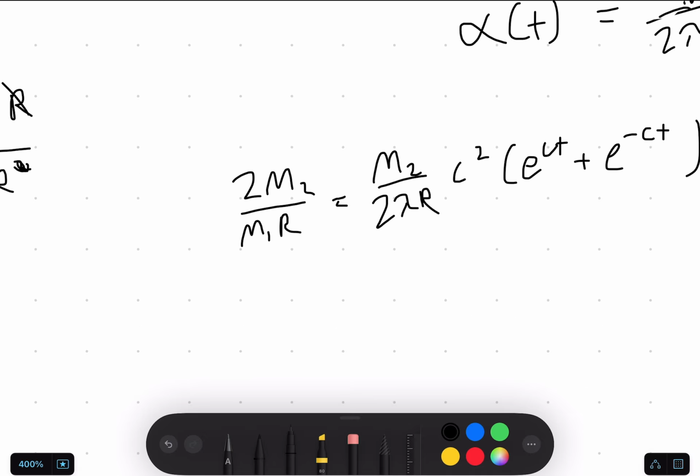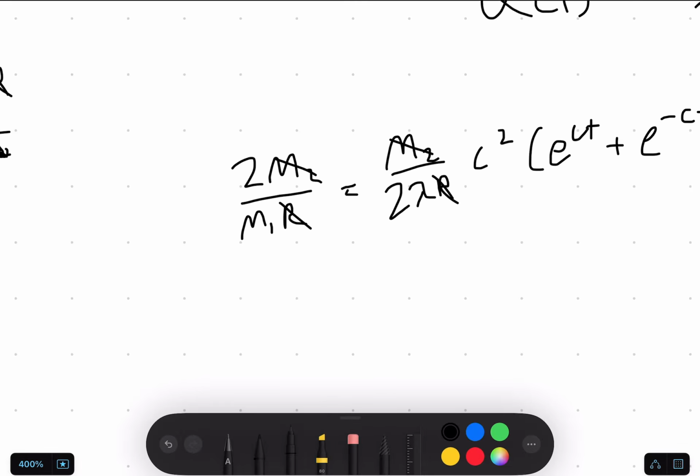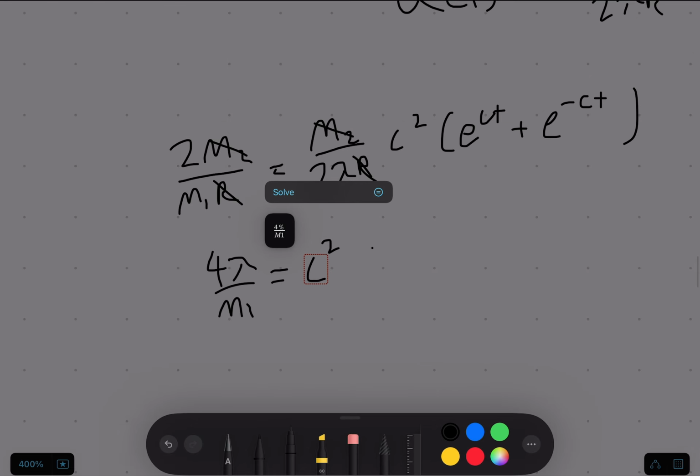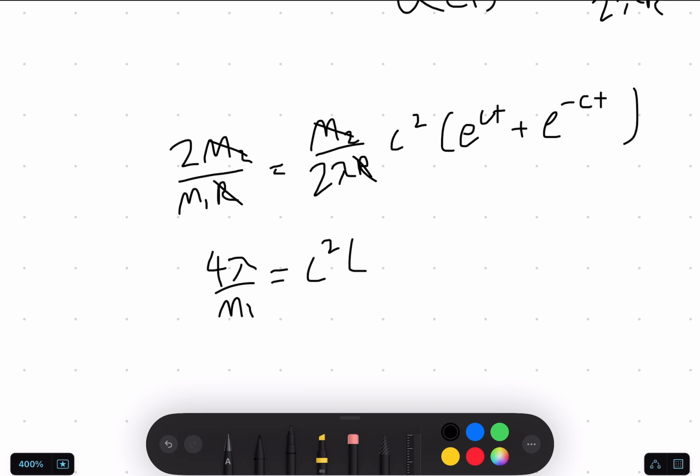Masses here would cancel. The radius would cancel. So you have g divided by omega times omega divided by m1 is equal to c squared times e to the ct plus e to the negative ct.